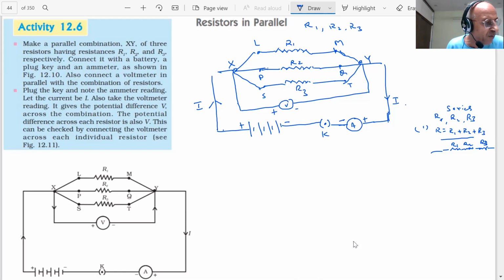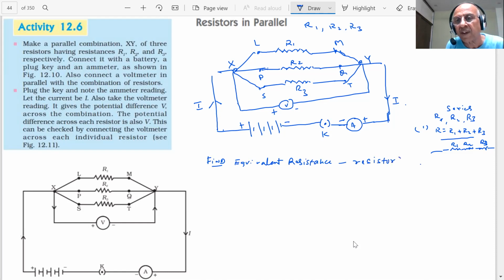What we want to find out is the equivalent resistance when we connect the resistors in parallel. So we are performing an activity. Let us see what the activity is. This is the circuit which I have shown here.